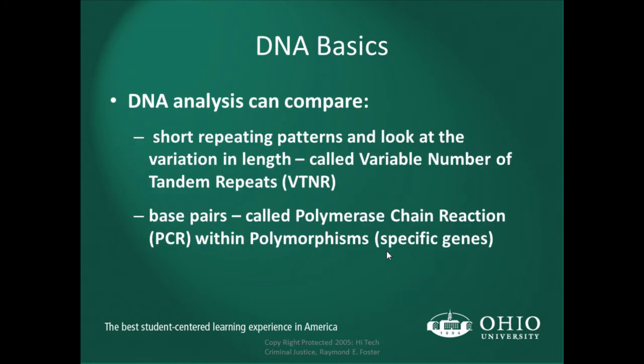DNA analysis can compare in 2 different ways. One looks at short repeating patterns and the variation in length, called variable number of tandem repeats, or VNTR. The other one, which I think is more commonly used, is analysis of the base pairs, called polymerase chain reaction, or PCR, with polymorphism on specific genes.